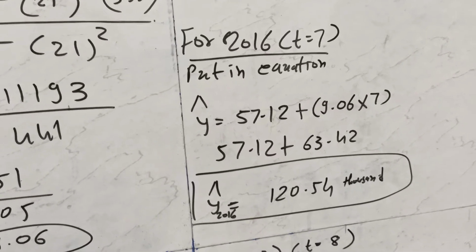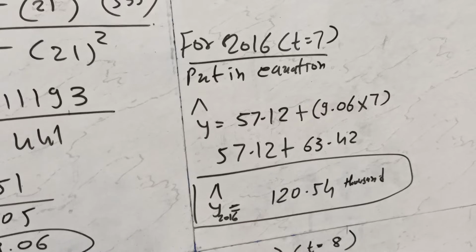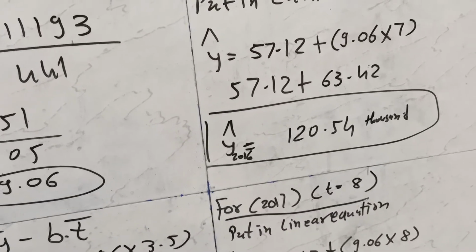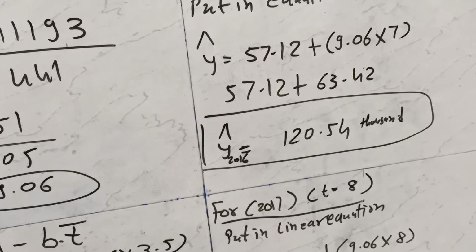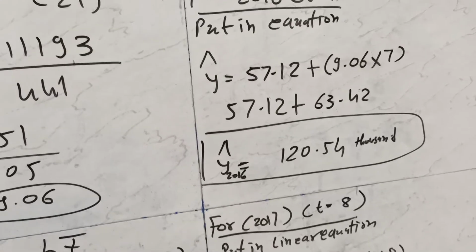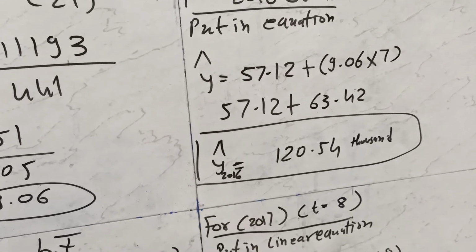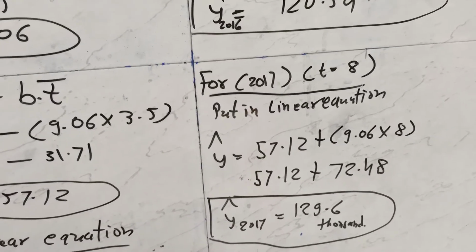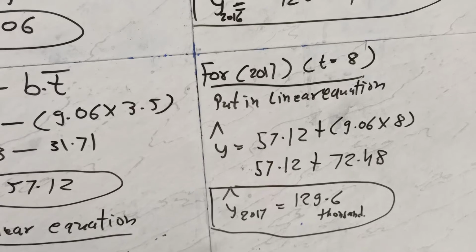Now addition of both, 57.12 plus 63.42, cap of y, that is the estimated value, the trend value for the year 2016, is found: 120.54 thousands.